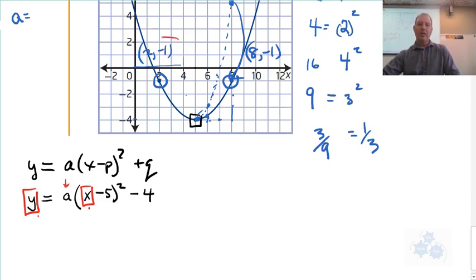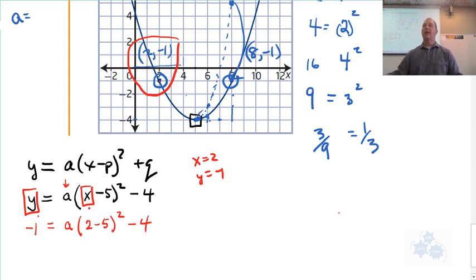We could use any one of these points that we know of. Here's one. The point is x equals 2 and y equals -1. So if I plug those values in, y is -1, I don't know what a is, and I know that x is 2. Now I can solve for a.